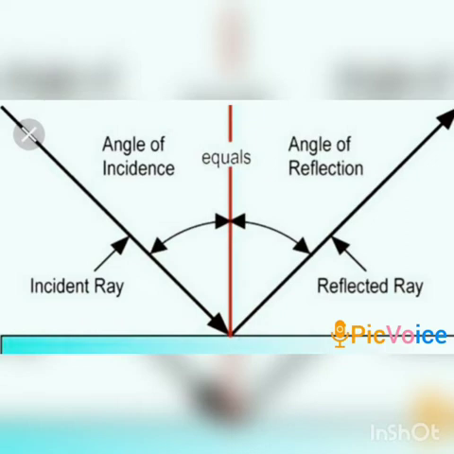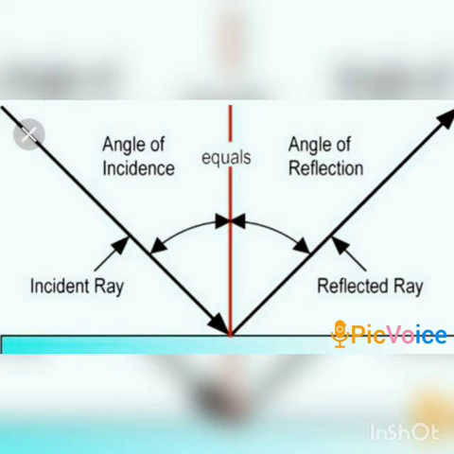The plane defined by the incident ray and the normal at the point of incidence is called the plane of incidence. Similarly, the plane defined by the reflected ray and the normal at the point of incidence is called the plane of reflection. So students, these are the terms related to the laws of reflection.